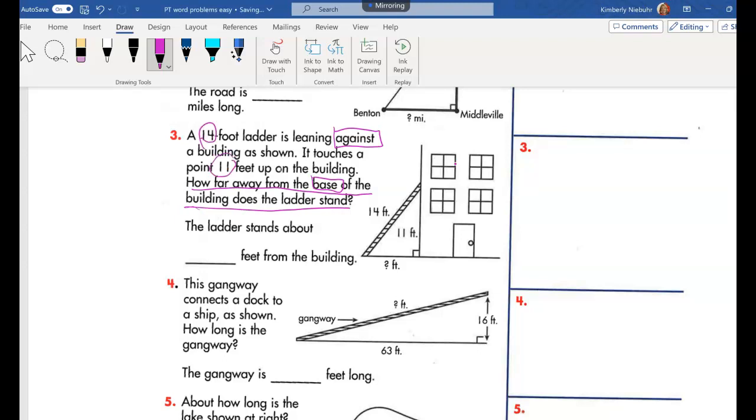This 11-foot goes to this side. It's not the area, okay? So again, this is side C, and you need to decide whether this is A or B. And you're putting in the answer to this: the ladder stands about blank feet from the building. That's what we're solving for.